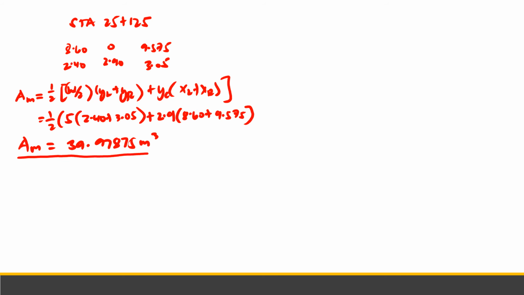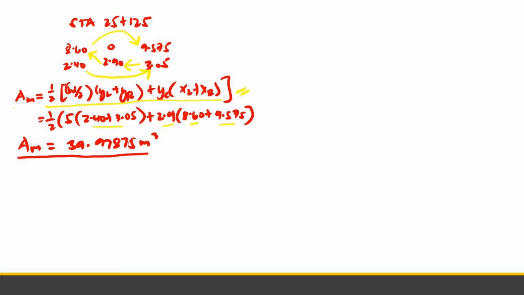To familiarize yourself with the formula, there is a pattern. We start at YL and go across: 2.4 plus 3.05, and then here the 2.9, and then from 2.9 go to 8.6, and then plus 9.575. So that is the pattern. If you remember that, it is easier to memorize this formula.